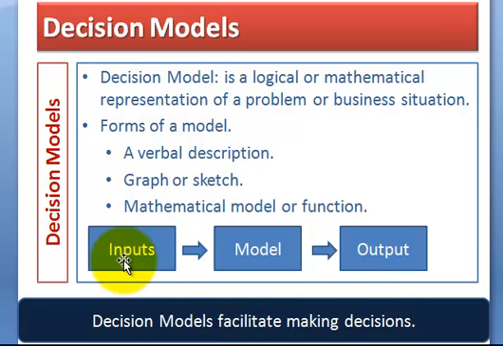And all a decision model is, you take your inputs, and we'll show you the different kinds of inputs. You put them into the model, which is normally a mathematical function, and that mathematical function, based on the inputs, will give you an output or a solution. So that's all decision models are.